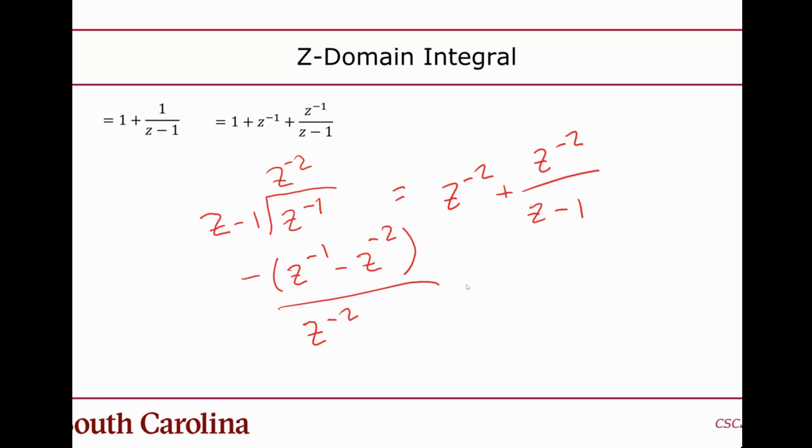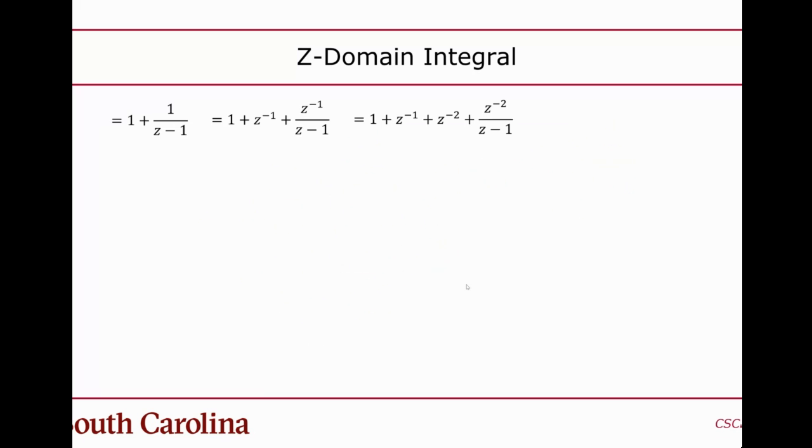That would be my remainder, which I would put over the divisor, z minus 1. So now I've further expanded this out to z to the minus 2 plus z to the minus 2 over z to the minus 1. Now you might see that there's a pattern growing here. So basically, this is going to continue endlessly.